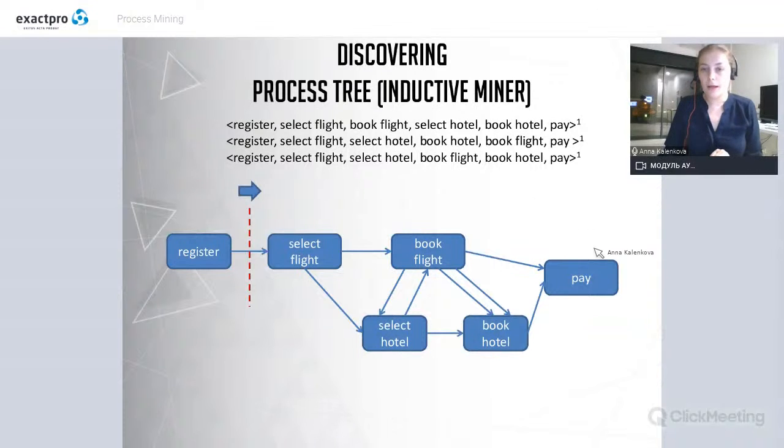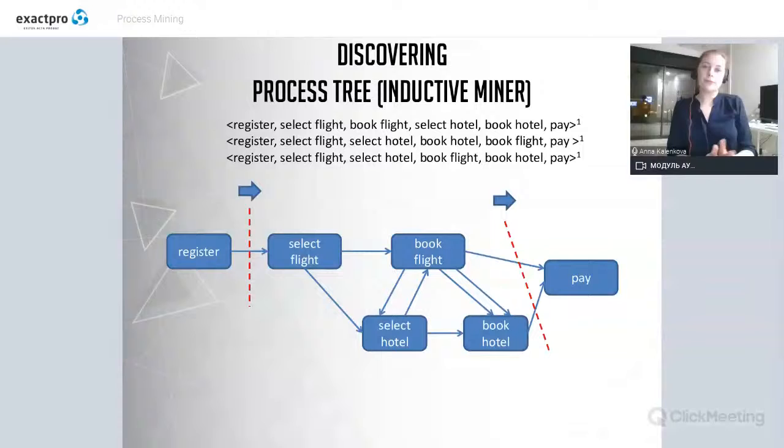Okay. Now let's move forward and take a look where we can also apply this split operation. So here is another split, another cut of our graph. Again, we can cut off pay, and now we have to deal with this complicated model inside.